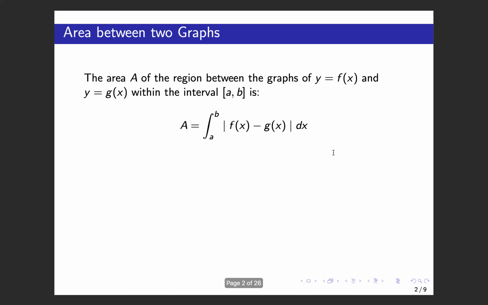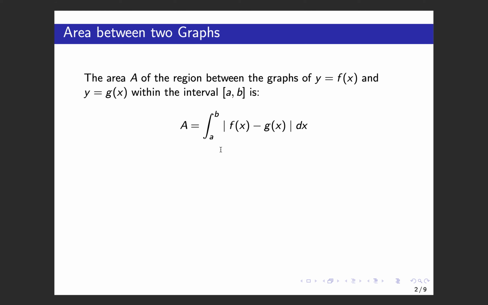Hello everyone. In this video, I'll show you how to evaluate the area between the graph of y equals f of x and y equals g of x within the interval [a, b] by evaluating the definite integral of the absolute value of f minus g in the interval [a, b].